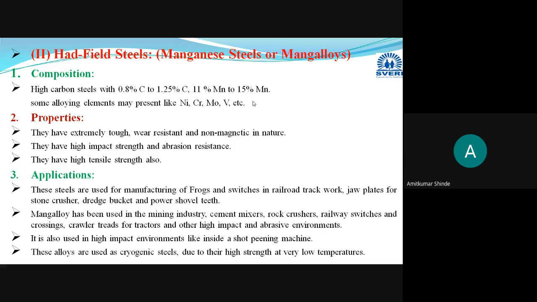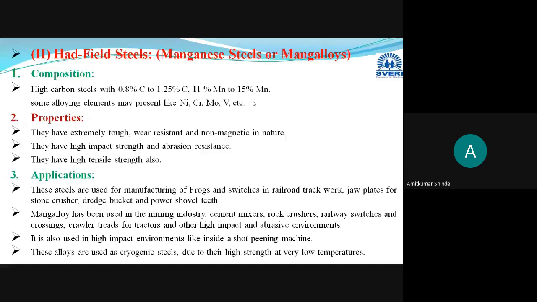For the second point, these steels are also used in the mining industry, in the manufacturing of different cement mixers, rock crushers, and then, as I have already explained, railway switches and crossings. Then crawler treads of the tractors are there. All these are manufactured with the help of these manganese steels.